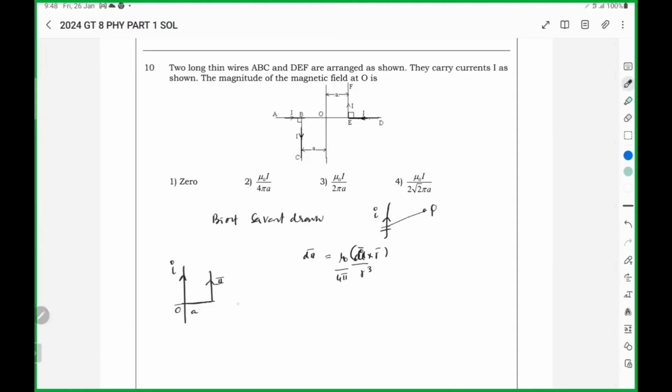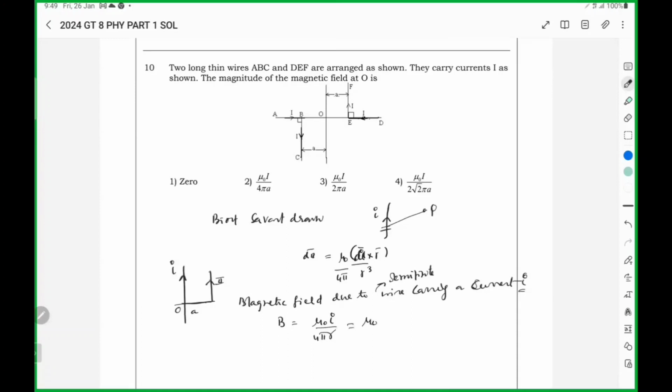A. So we know the formula: magnetic field due to a semi-infinite wire carrying a current I is B equal to mu naught I by 4 pi r.